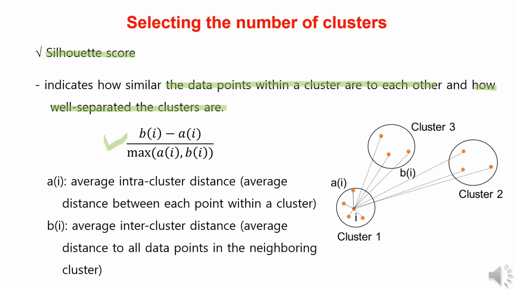That is, the difference between B and A is divided by the maximum of A and B. Here, A represents the average distance between individual data points within the same cluster, and B represents the average distance between all data points in one cluster to the nearest neighboring cluster. The larger the difference between B and A relative to the maximum of the two, the better the clustering is.